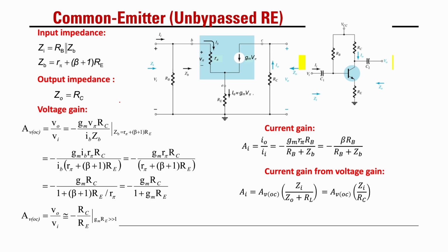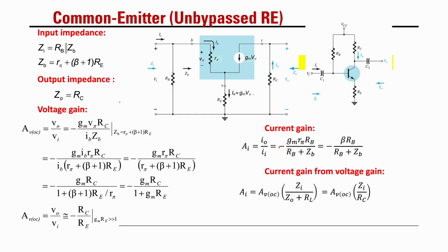This is what we have discussed just now. I've shown you how we got all of these equations. AI with the output is going to be the negative AVOC, but I think I forgot about the negative here.